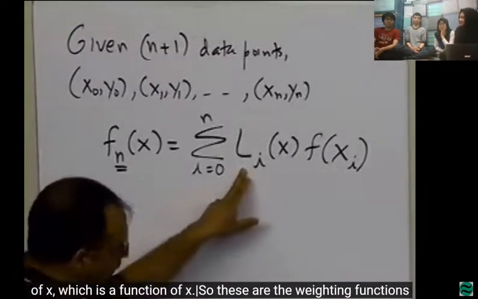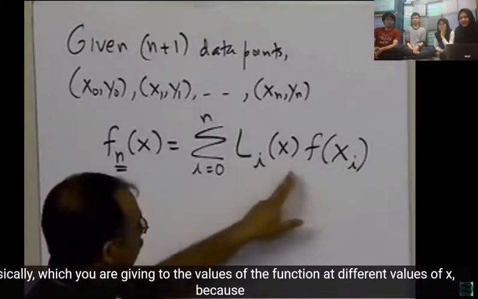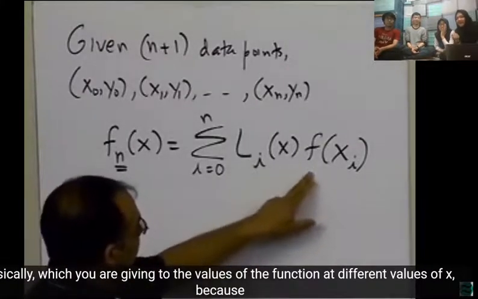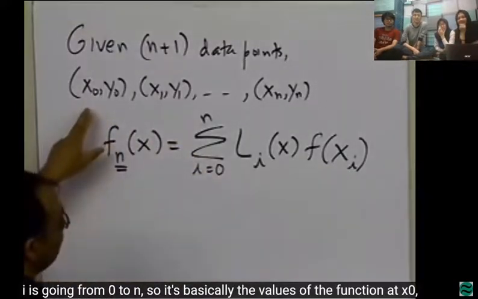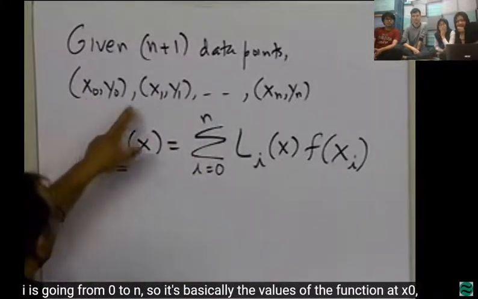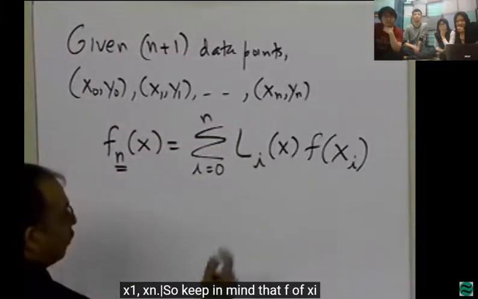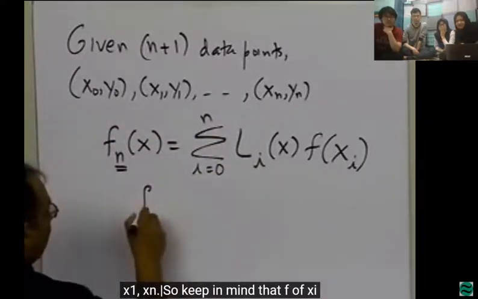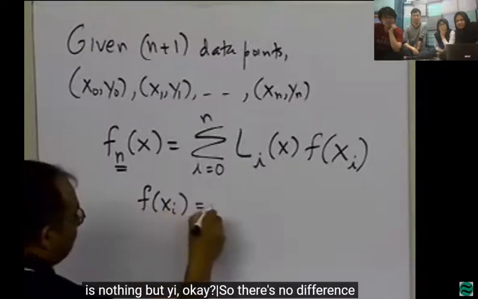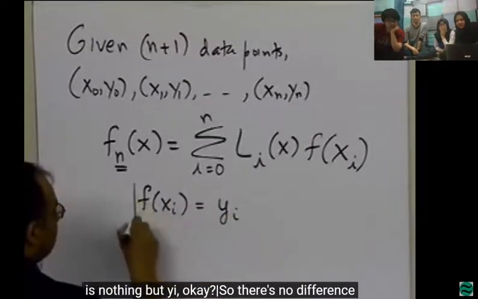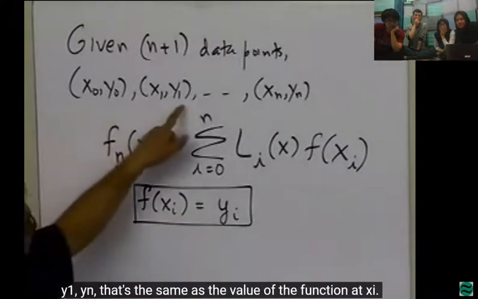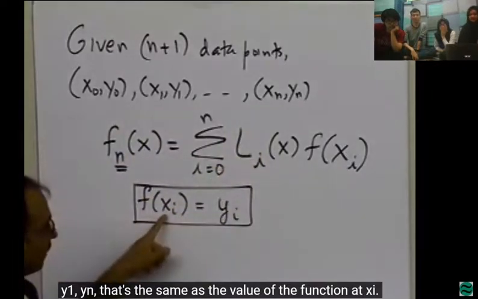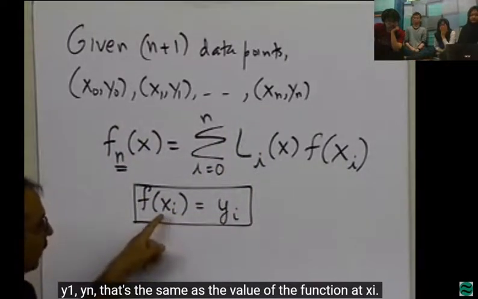These are the weighting functions which you are giving to the values of the function at different values of x, because i is going from 0 to n, so it's basically the values of the function at x naught, x1, x of n. So keep in mind that f of x sub i is nothing but y sub i. There is no difference between the point y sub i which is given to you, like y naught, y1, yn, and the value of the function at x sub i.